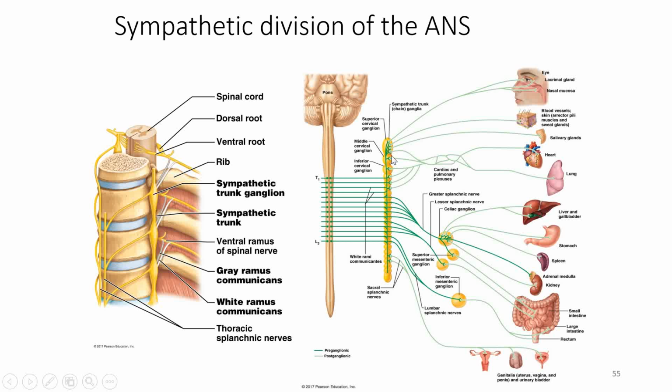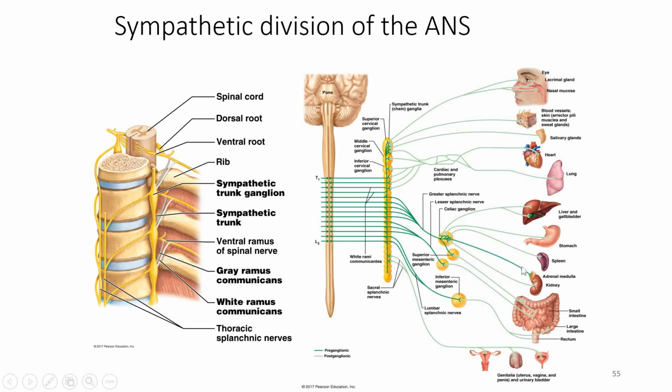So the preganglionic fibers are going to be really short, like you can see here, and then the postganglionic fibers are going to be really long. And then we've got other ganglia here that are going to synapse onto the organs and the effectors. One difference here is that you can see we've got these nerves coming in.